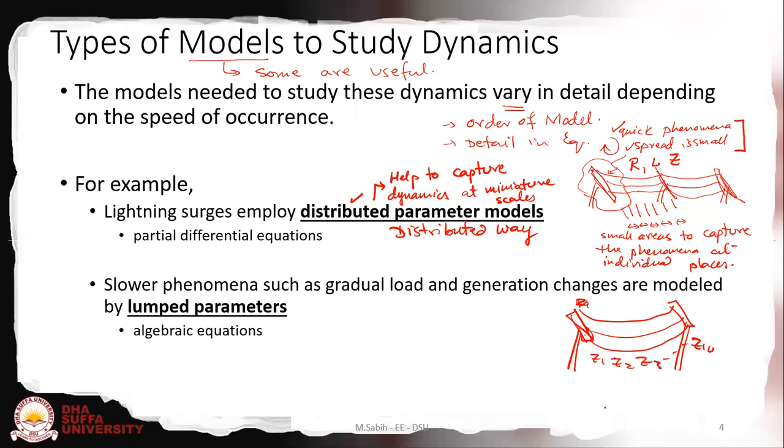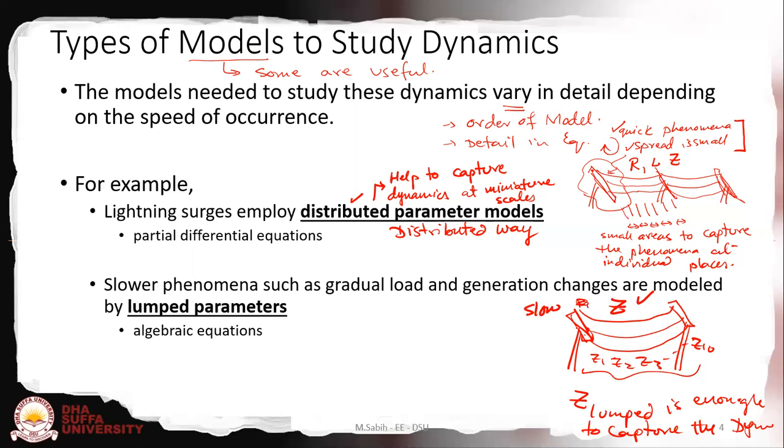And if a single lumped Z is enough to capture the overall dynamics, then it means that a single Z will be helpful for me to capture that dynamics which is slow, and that doesn't die out that easily. So that's why you see the partial differential equation.